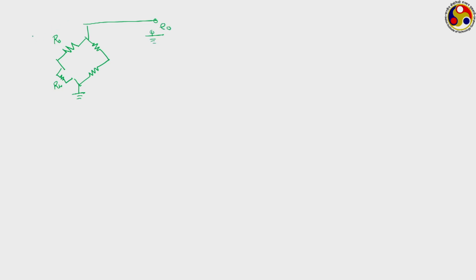On this side we are using a comparator which compares the voltage difference between the two sides: the voltage from this end goes to one side, which is plus, and the voltage from this end goes to the other side, which is minus.